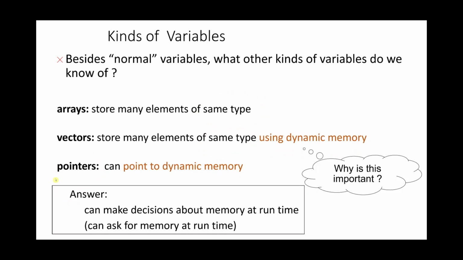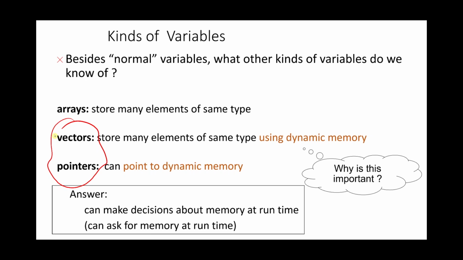So basically what is important about them is that you can make decisions about memory at runtime, and we are talking about pointers and vectors. With pointers and vectors, whenever you use the heap, you can grow or shrink your memory locations, like the vectors.